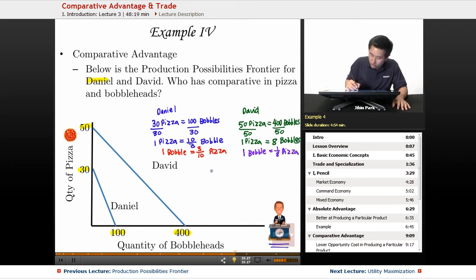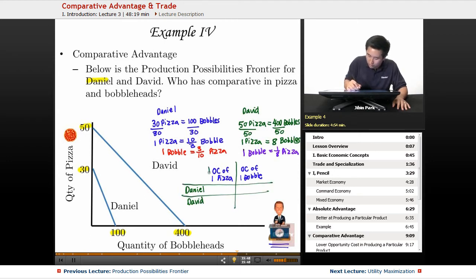So let's go ahead and draw a chart here: the opportunity cost of one pizza and the opportunity cost of one bauble for the two individuals, Daniel and David. The chart is good to organize information so that you're comparing rather than looking at a jumbled mass. So for organizational purposes, I highly recommend that you draw an opportunity cost chart so that you're able to organize the information and then make the decision from there.